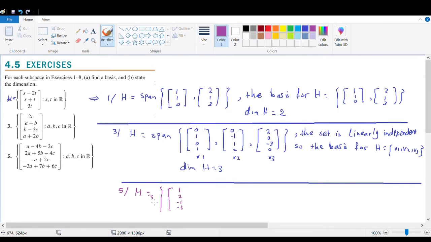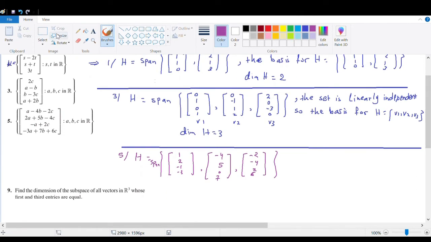Then the coefficients of B: minus 4, 5, 0, 7. The coefficients of C: minus 2, minus 4, 2, 6. We need to know if this set is linearly independent. If it is linearly independent, that means this set is a basis for H.